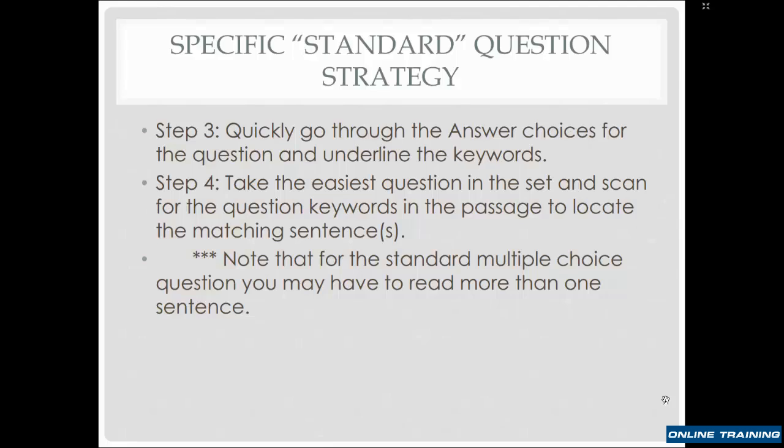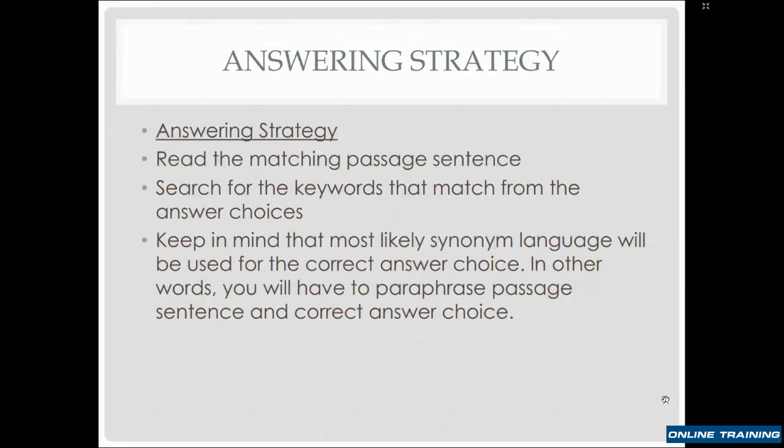After you know which questions are the easiest to do, you pick a question, look at the answer choices and underline the keywords in them. Then you want to read the matching passage sentence, and search for the keywords that match from the answer choices. Which keywords from the answer choices do you see in that sentence in the passage?